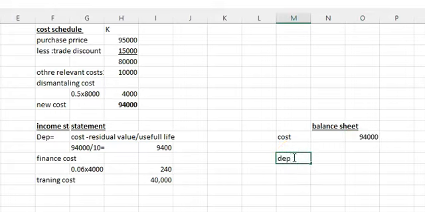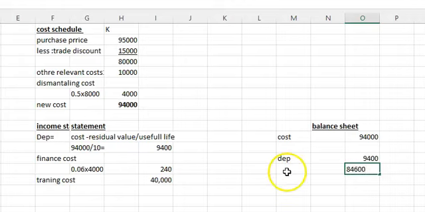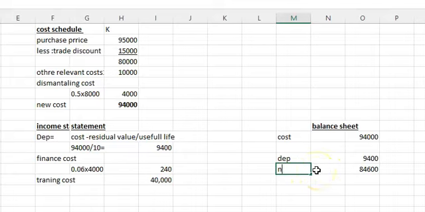I'll just say depreciation of 9,400. When we subtract that, what do we get? 94,000 minus 9,400, what do we get? We are getting 84,600. What is this? This is our NBV, our net book value.